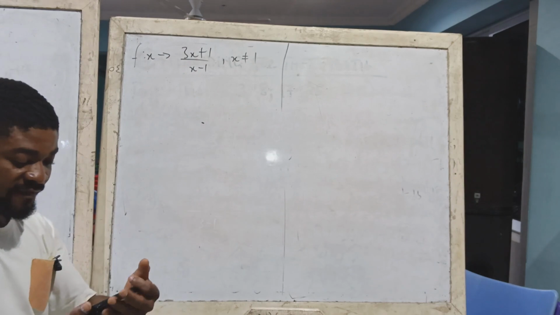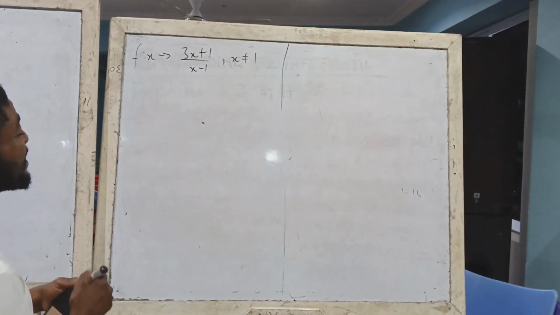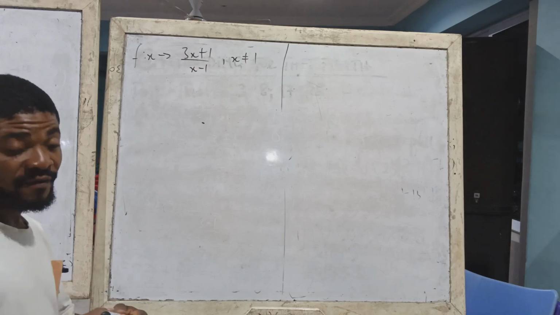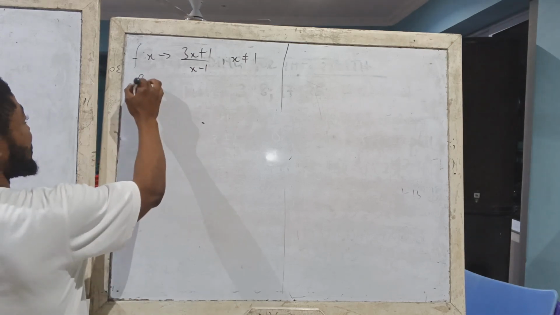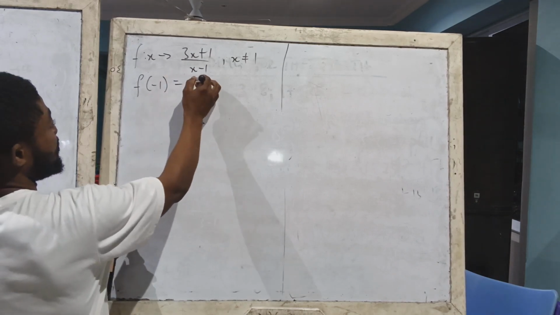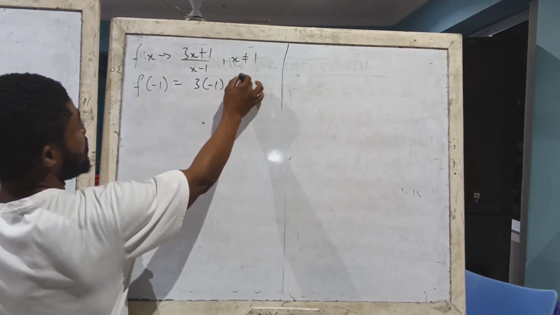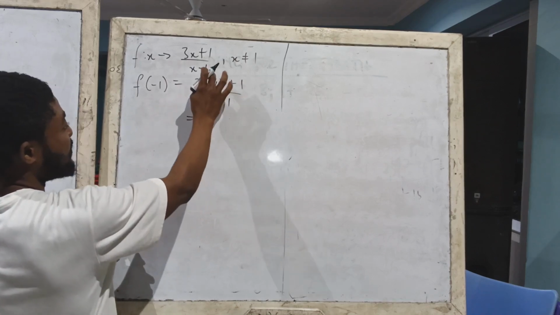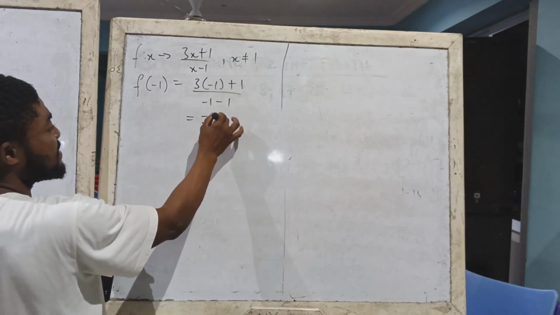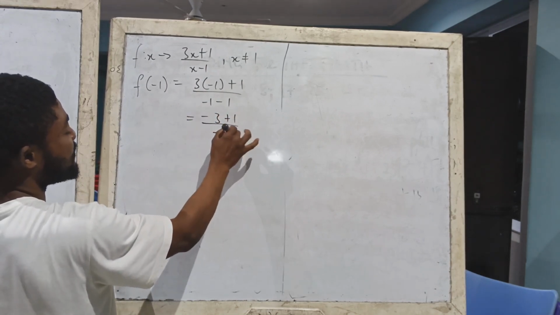Alright. We're asked to find the image of negative 1 and 3. Image of negative 1 simply means in place of x, we put negative 1, which is f of negative 1. Negative 3 times negative 1, negative 3 plus 1, all over negative 2.